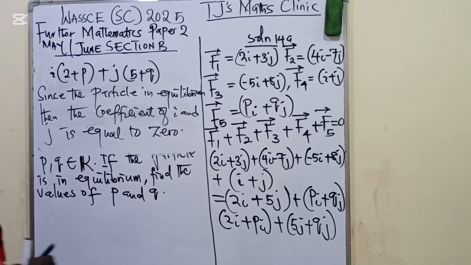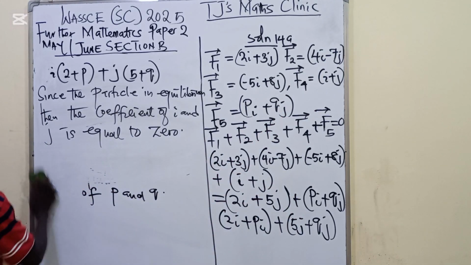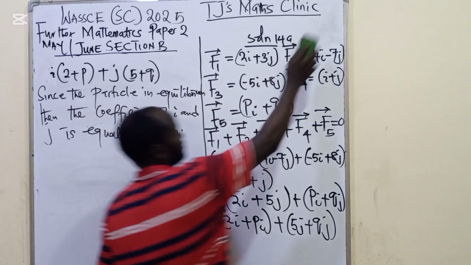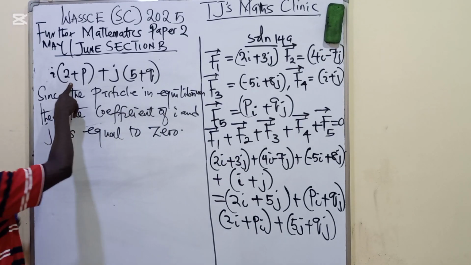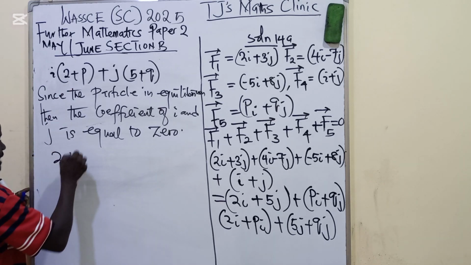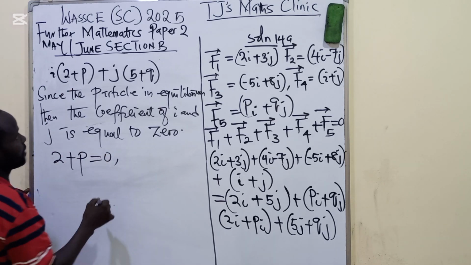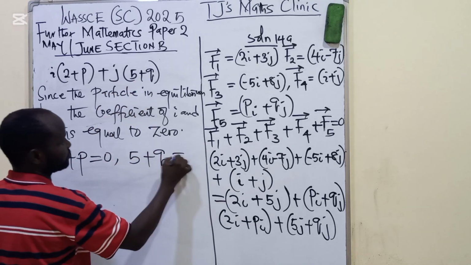It must be equal to 0. Very important concept. Since all the system is in a state of equilibrium, it must be equal to 0. So it means we can equate the coefficients. The coefficient of i is 2 plus p. So we can say 2 plus p will be equal to 0, comma, coefficient of j is 5 plus q. It must be equal to 0.